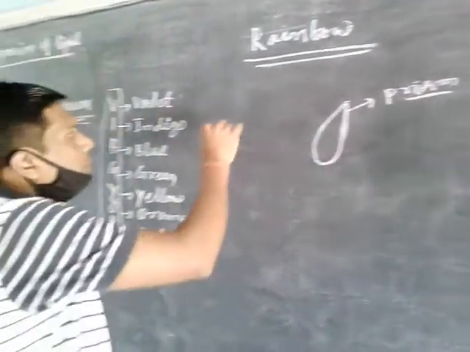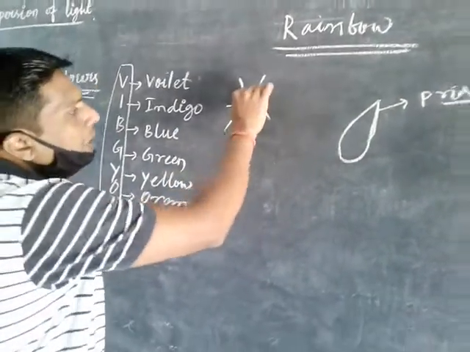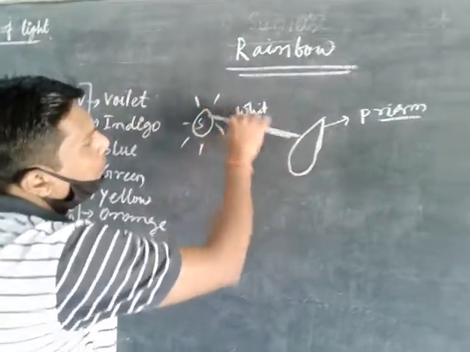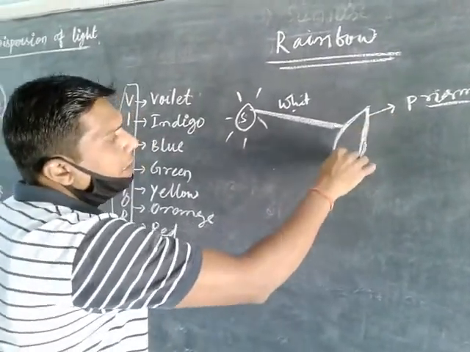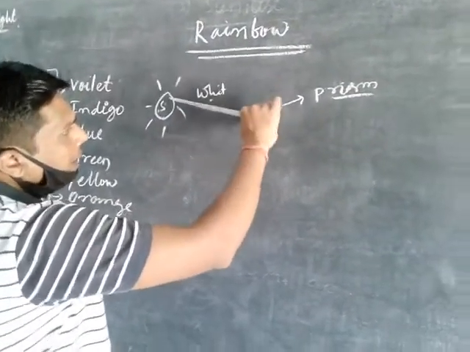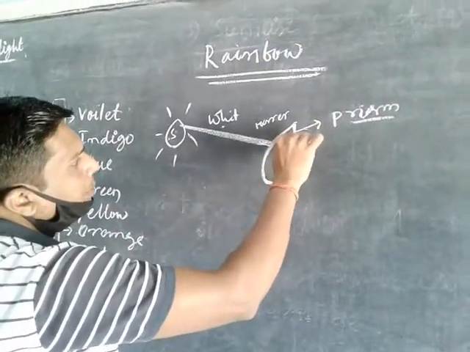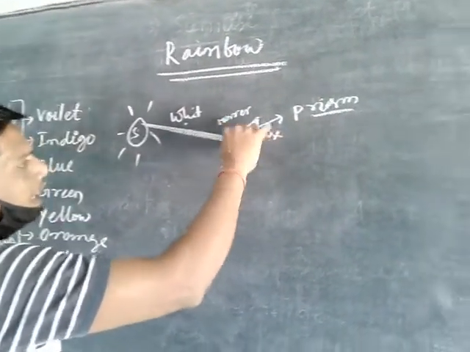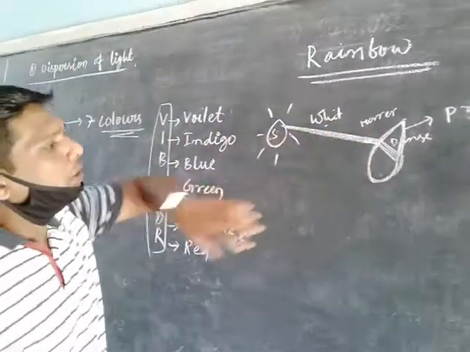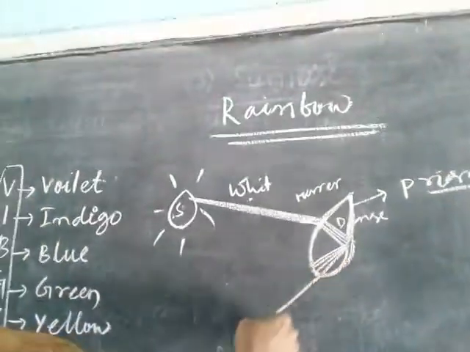Suppose the sun is here, and the light is white light. White light falls on the water droplet and enters it, so this is rarer medium and this is denser medium. Here the white light gets split into different colors, and it gives the spectrum of light.